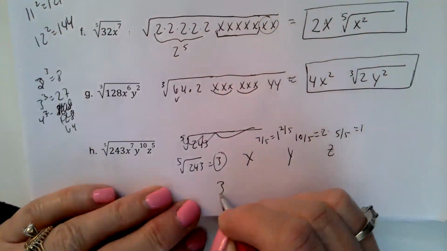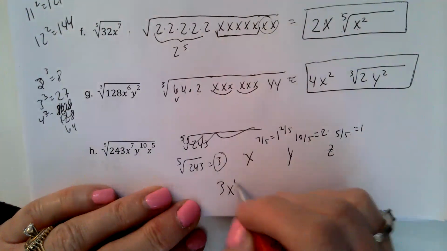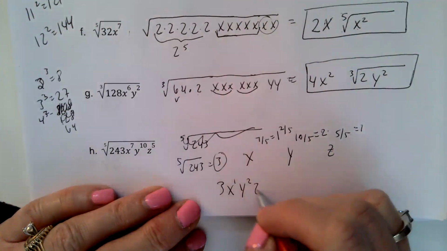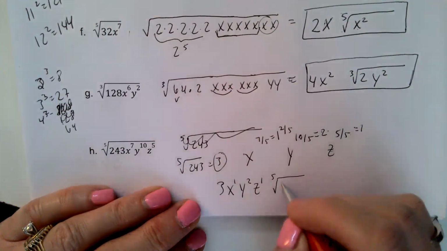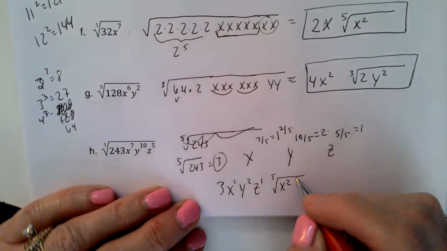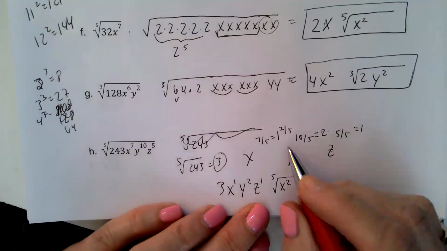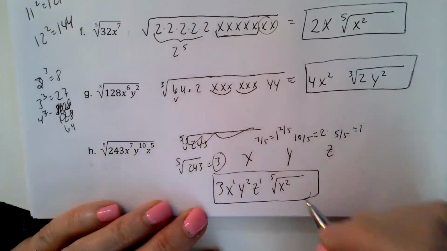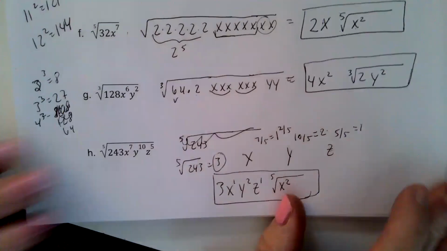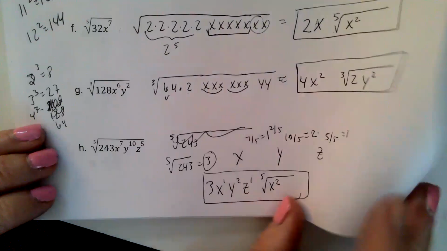So a 3 comes out, an x to the 1, a y squared, and a z to the 1. And there's just this little x squared, the 5th root of x squared. That's the only thing left underneath the radical. Whew.